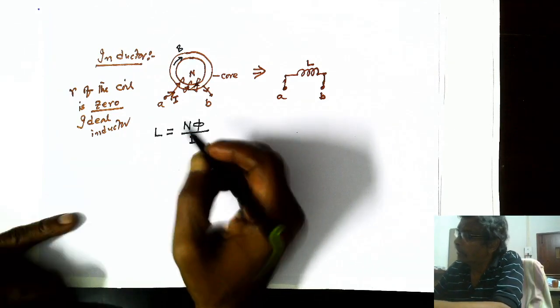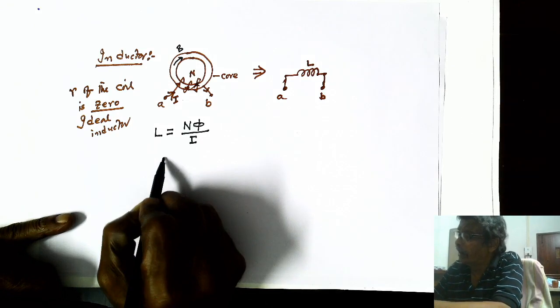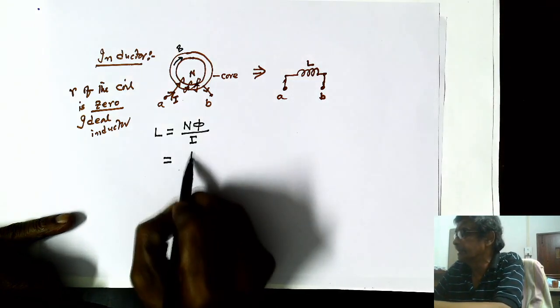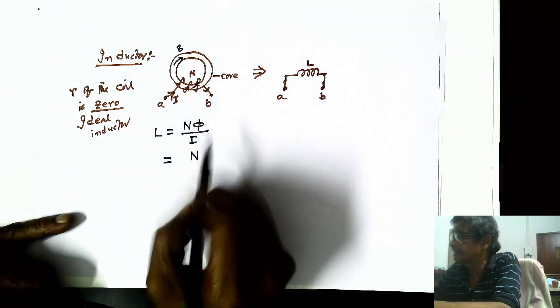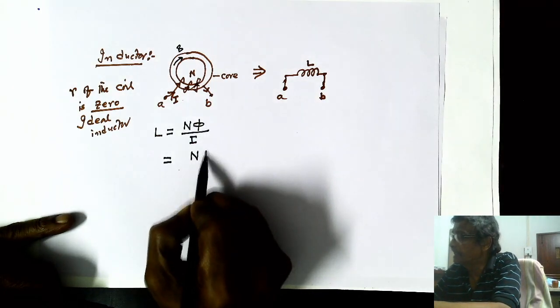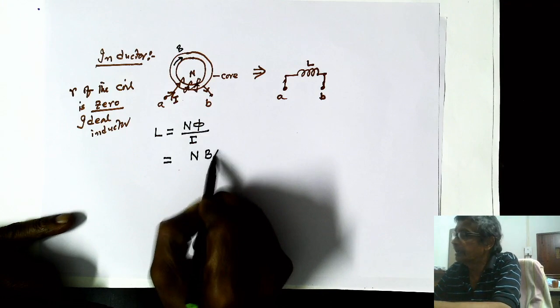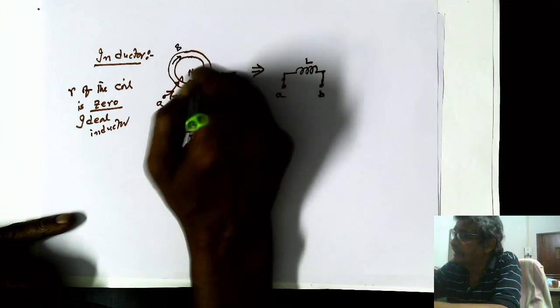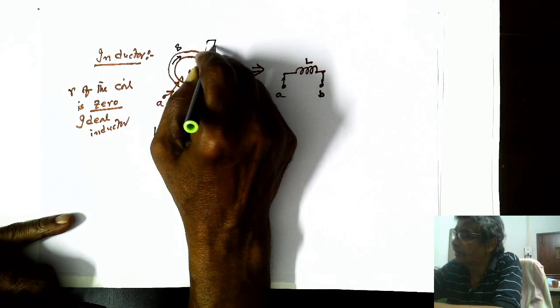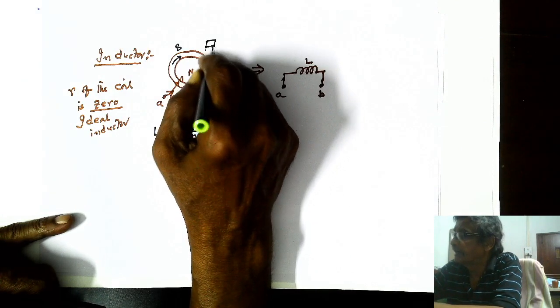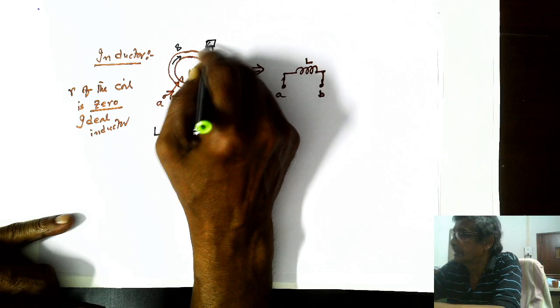Anyway, now if you look at this one, N phi is nothing but flux density B into cross-sectional area. What is cross-sectional area? Suppose the cross-sectional area of this magnetic core is square. This is the cross-sectional area.